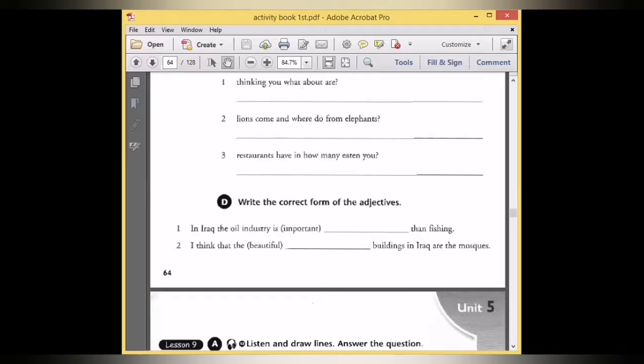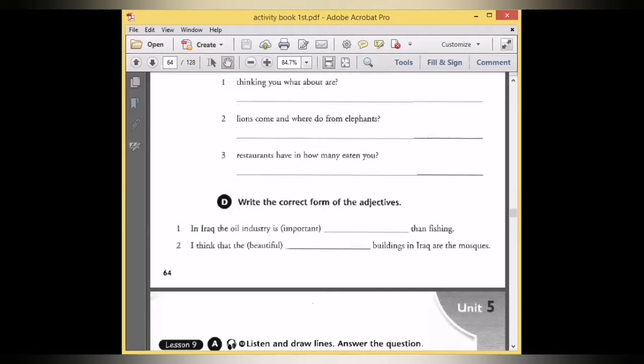Let's see. Number 1, in Iraq, the oil industry is important than fishing. So here we have two things, two entities, oil industry and fishing, right? So what should we use here?